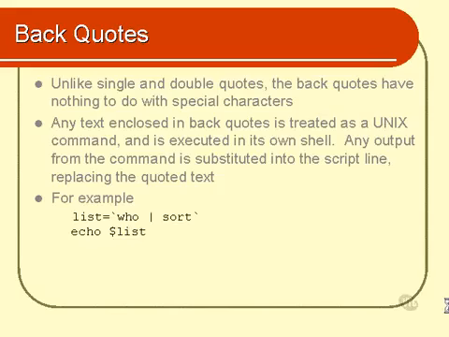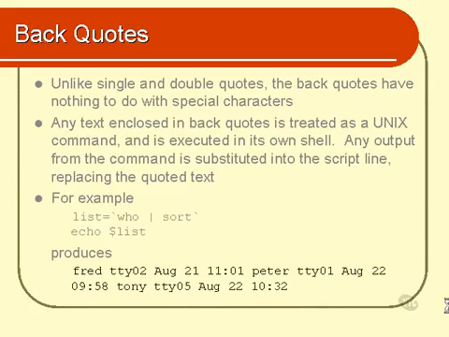It's very handy to be able to do this occasionally, to take the output of a given program and assign it to a variable. Then, if I were to echo out that variable, I would get the following. Fred is on tty2, and he's on from the particular date. Then Peter's on tty01 on a different date, and Tony's on tty05 on another date as well, which is almost exactly what you'd expect, except all the new lines have disappeared.